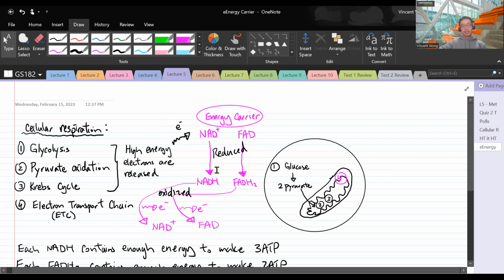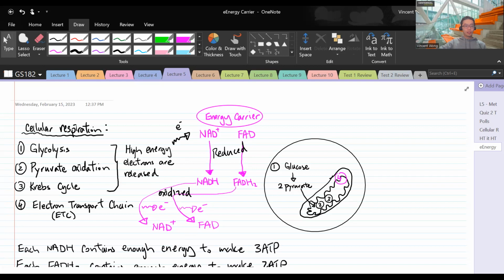These carriers become NADH and FADH2, and they will take them to the fourth step, the electron transport chain, where the electrons will get off. And then the electrons will be used to make ATP in the last step. Once the electrons get off, the energy carriers will become NAD plus and FAD again. And then they will go back to the first three steps, pick up more electrons, and then drive them to the ETC. And this just keeps on repeating itself.